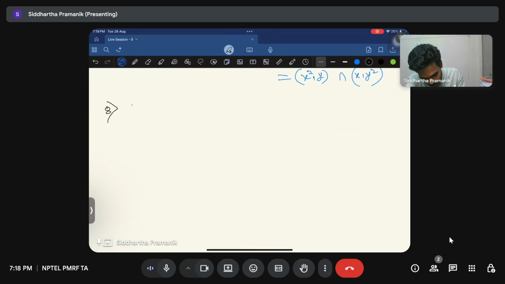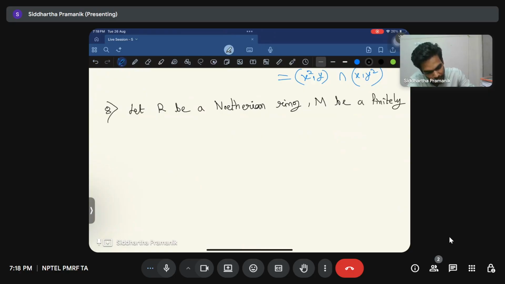Let R be a Noetherian ring, and M be a finitely generated R module.